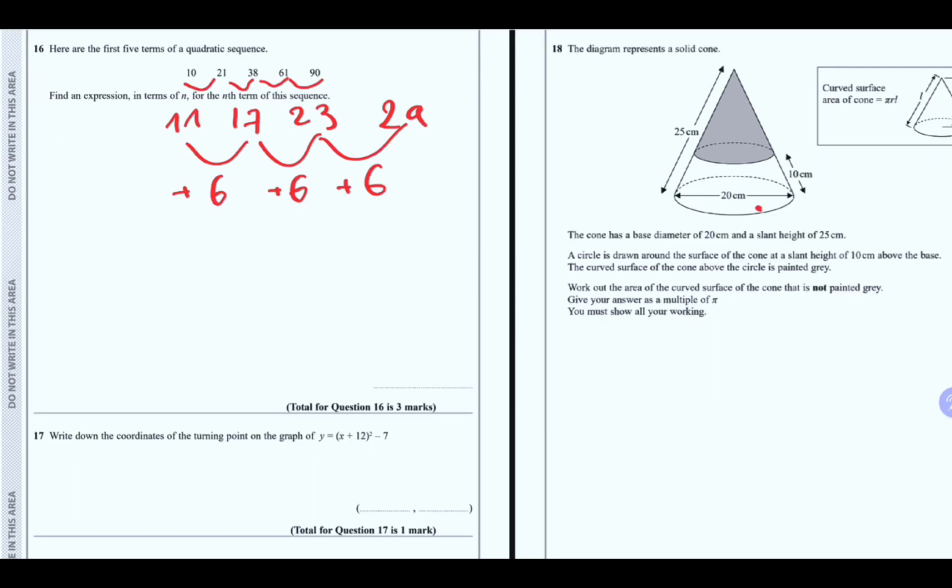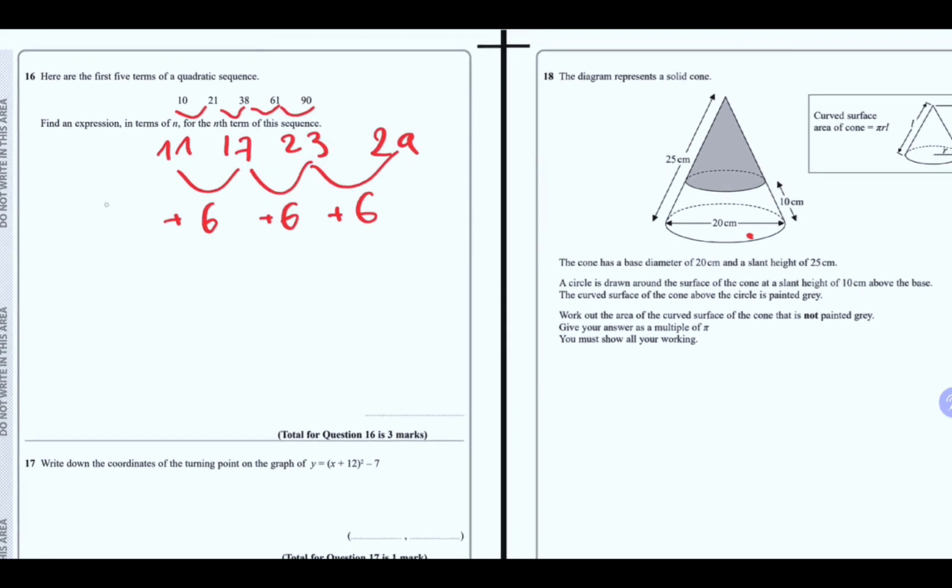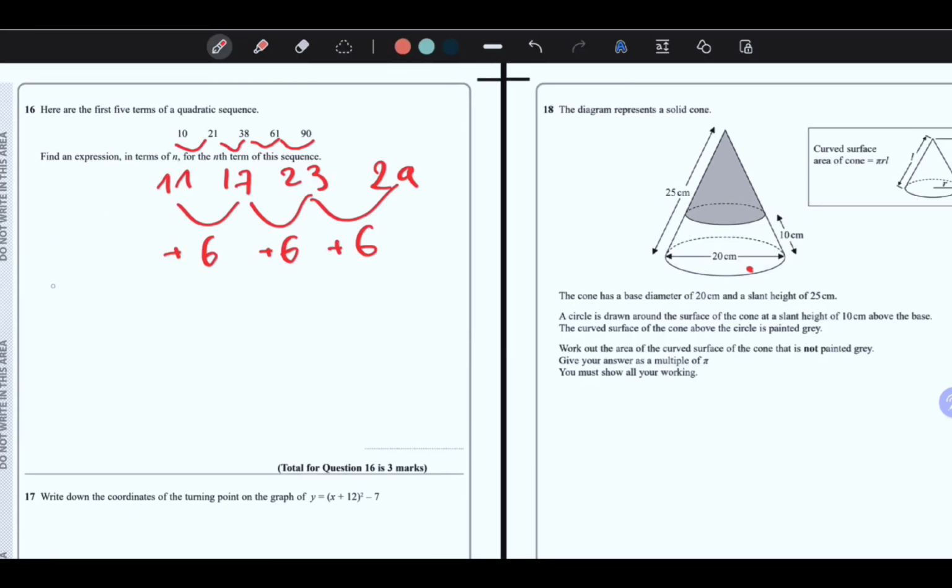We now get the coefficient of n squared, which would be 6 divided by 2, and that will be 3. So the coefficient of n squared is 3. That means it's 3n squared. Now we're going to write out the sequence of 3n squared and compare it with the original sequence, which is 10, 21, 38, 61, and 90.